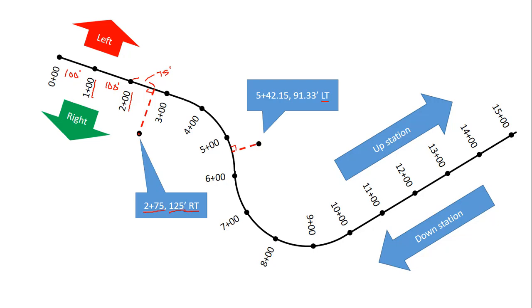But again, this is 90 degrees to this line, which is going to be a radial line through the center of the curve, and it's 42.15 feet past station 5, and it's 91.33 feet left of the baseline. So it has a station of 5 plus 42.15, 91.33 feet left.